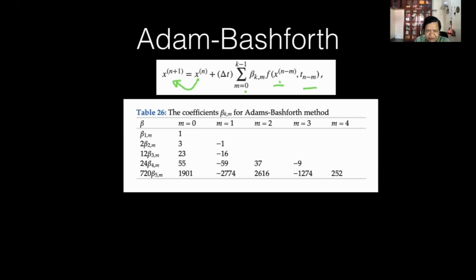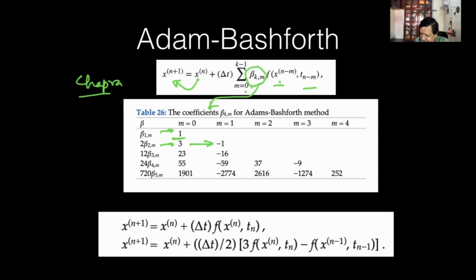So this is a table. It is from the book by Chapra. The first one is straightforward. m equal to 0, I just have this beta. This beta is the coefficient which is listed here. So this is Euler forward. But this is the Adams-Bashforth two-step method.